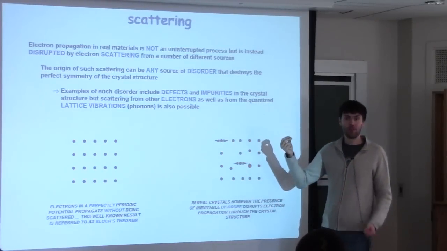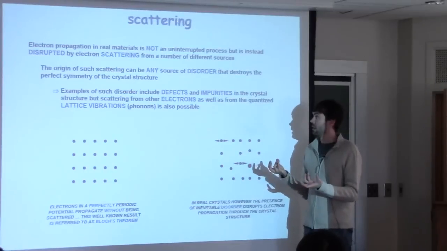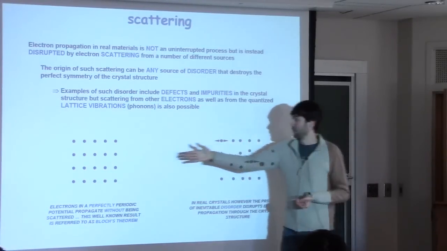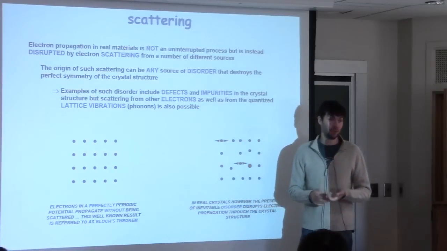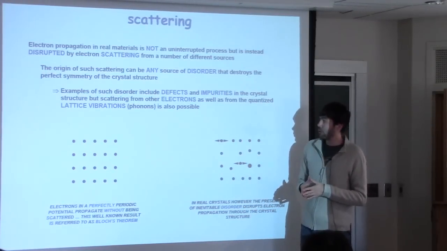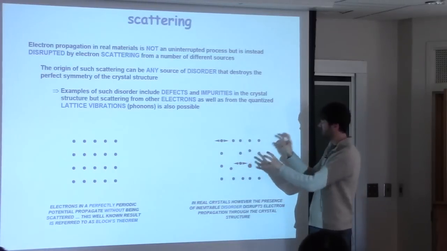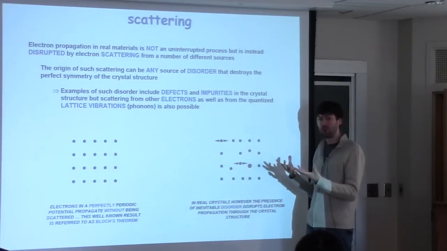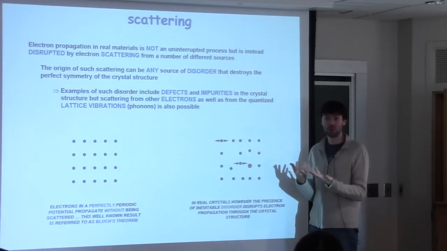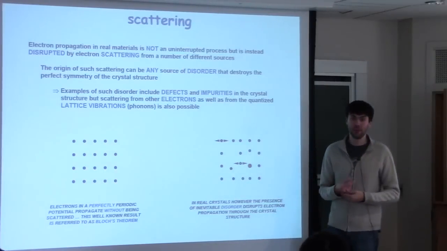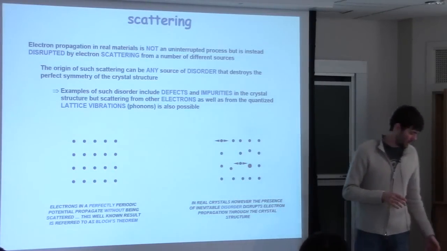Those come from interactions between electrons, which already disturb the Bloch oscillations. And then, of course, also phonons. So the fact that the atoms are not fixed in their positions, but they can also move. So you have phonons, and the spectrum of phonons, through electron-phonon interaction, couples to electron waves and makes them scatter.